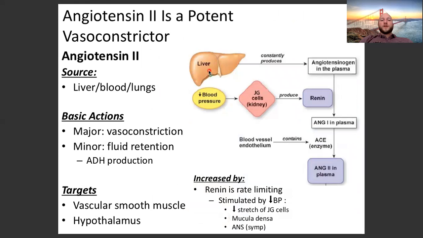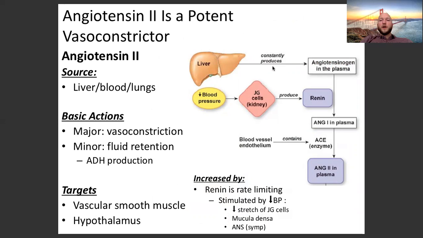This story starts in our liver. Our liver is constantly producing angiotensinogen. Where have we seen this "-ogen" before? Pepsinogen is the inactive form of pepsin. We can go back to the first test. Angiotensinogen is the inactive form of angiotensin.